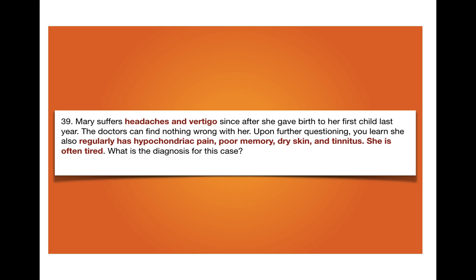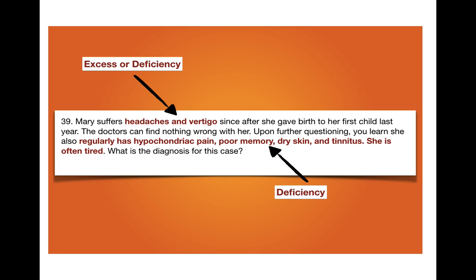So now we're going to look at just the signs and symptoms that actually help us get to a diagnosis. We have those in red here, and we're going to categorize them into our 8 principal categories. So the first 2 symptoms, headaches and vertigo, which is our chief complaint, can be excess or deficiency, right? With poor memory and dry skin, those are both deficiency signs and symptoms, right?